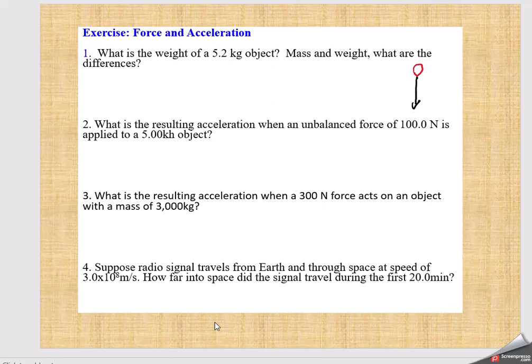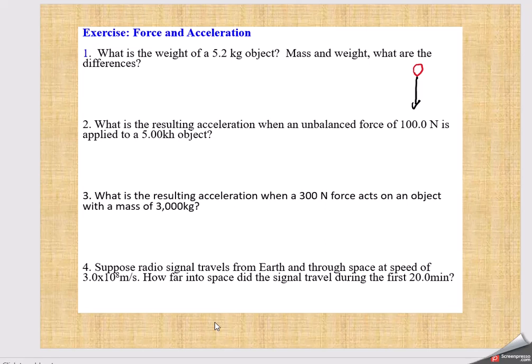Of course, the more mass, the more gravitational force it will experience. Normally on a planet, the gravitational force is proportional to the mass. Therefore, the more mass, the more weight; the more weight, the more mass. But they are different.